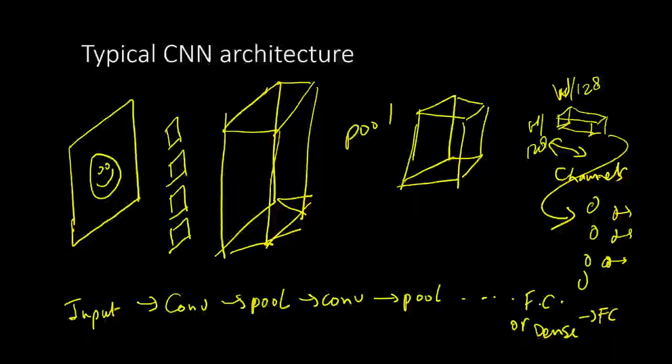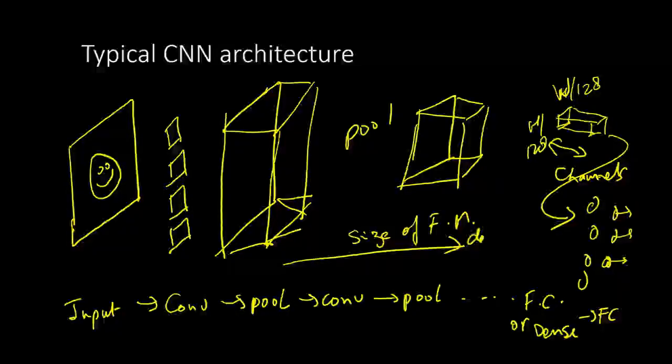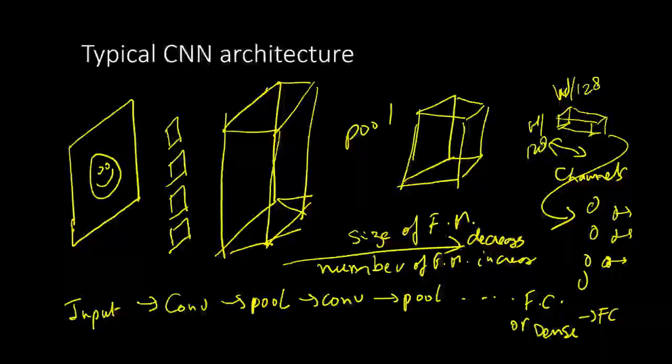The other thing to note here is that the size of the feature map decreases, but the number of feature maps, as in the channels, increases. That is because there are more complicated parts to detect, and there are more types of complicated parts as you go deeper into the network.